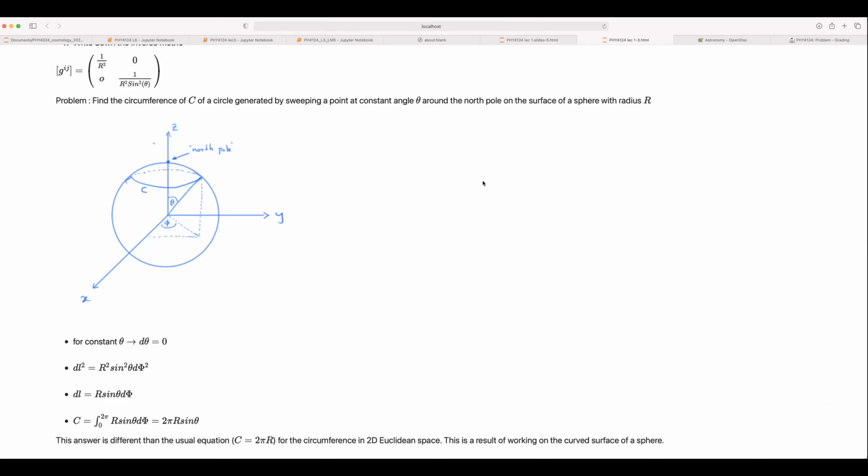But here the answer that you get is 2 pi r sine theta, and this is actually a result of working on the curved surface of a sphere, right? So that's why you get this slightly different result right here. And I assume that all of you can understand it, right?